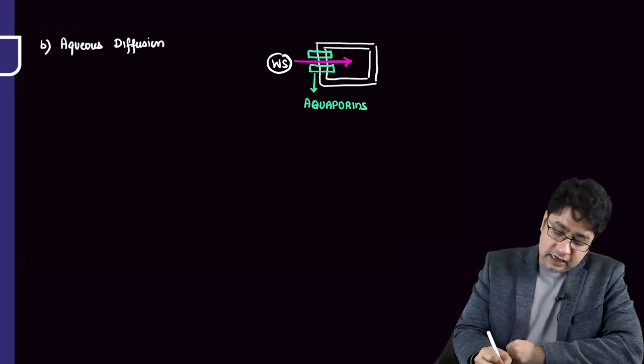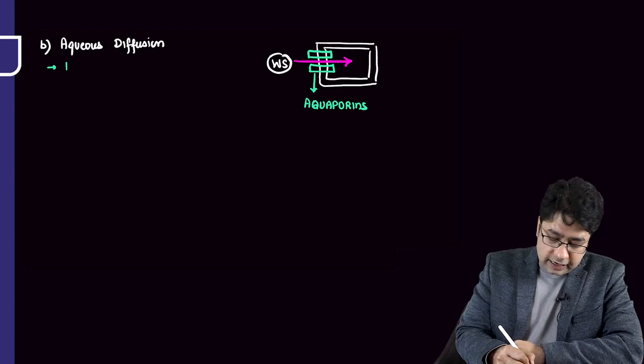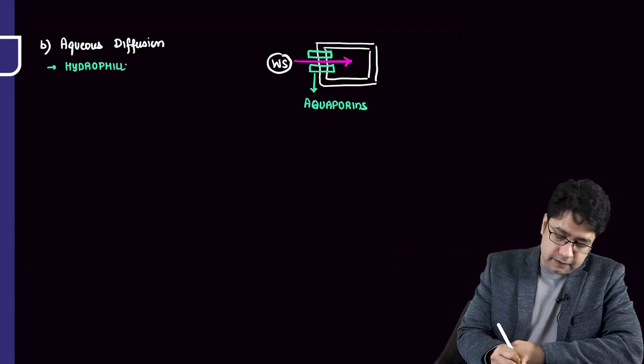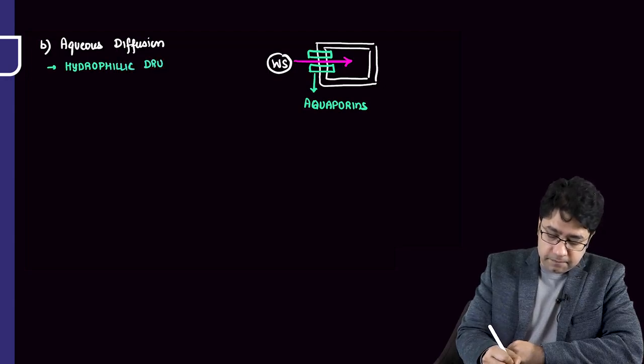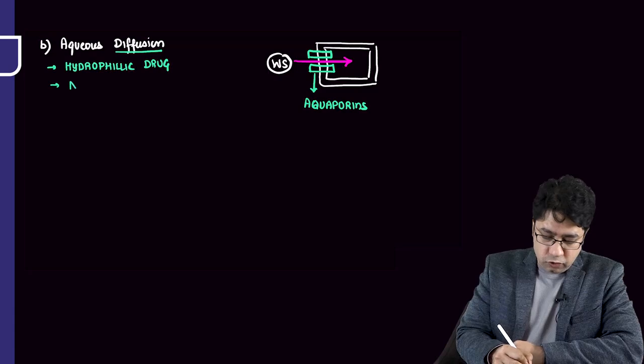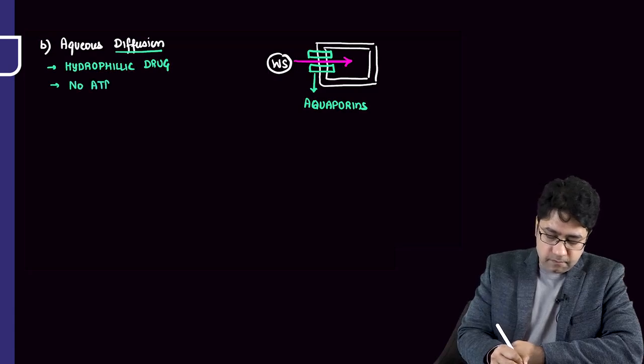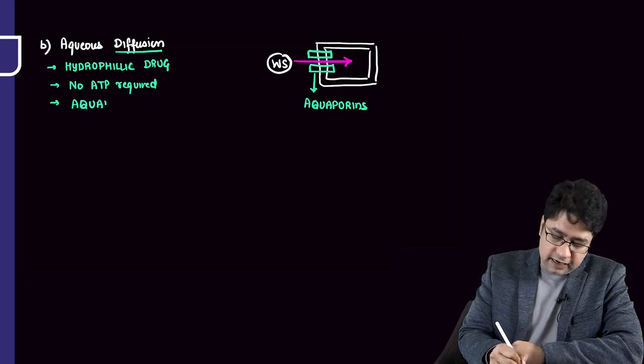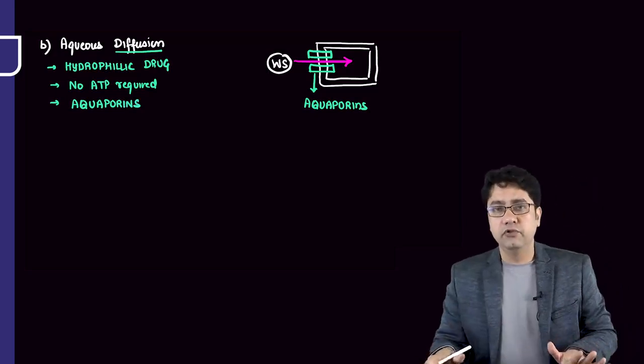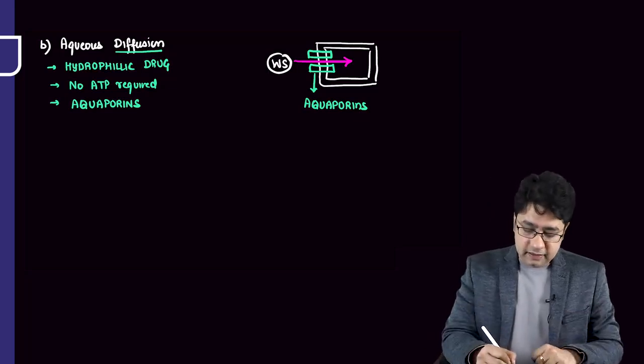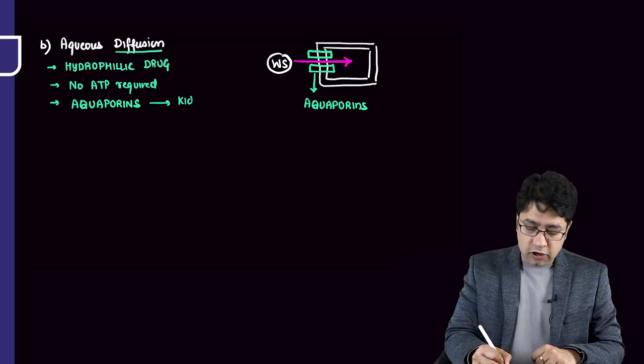So, in aqueous diffusion, a hydrophilic, meaning water soluble, drug crosses the cell membrane. Again, the word diffusion is coming, so no ATP is required. And it occurs with the help of specialized pores known as aquaporins. And where this aqueous diffusion happens, it happens in the kidney or nephron.